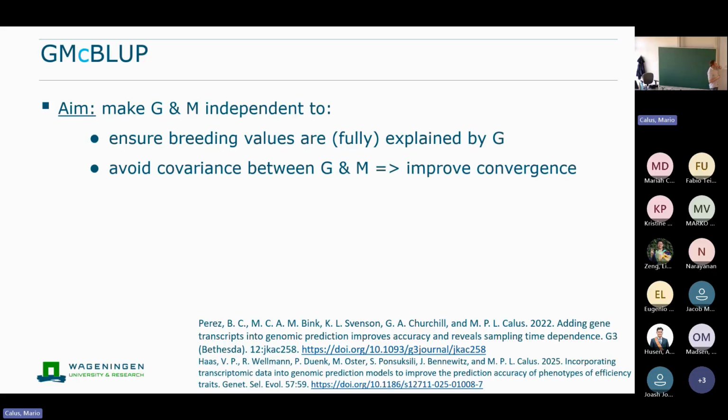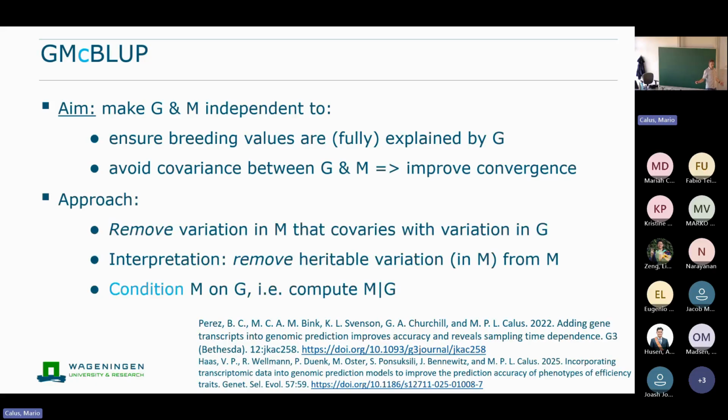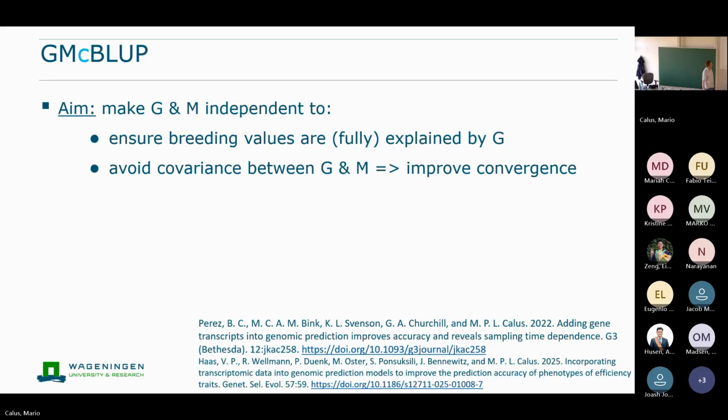And here we want to define our model such that anything that's heritable automatically goes into the breeding values. So we want to avoid covariance between G and M. That may also improve convergence of the model.